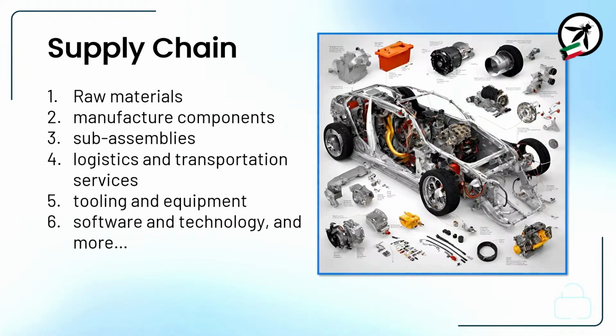Let's start with the supply chain idea. Hundreds of companies collectively work to assemble a single car. It starts from the raw materials like steel, aluminum, plastic, rubber, manufacturing components, sub-assemblies like the door module, HVAC system, logistics and transportation, tools and equipment, software, and more.